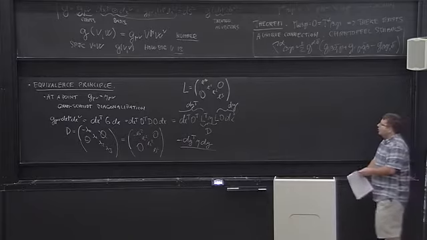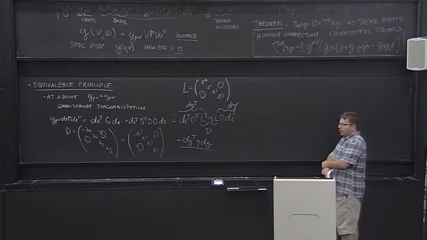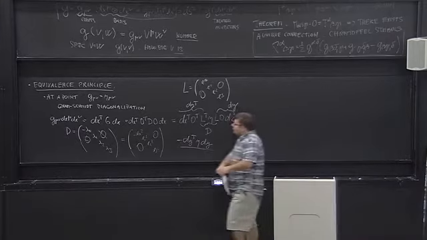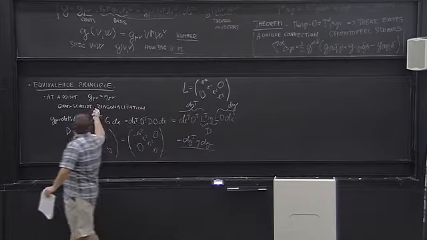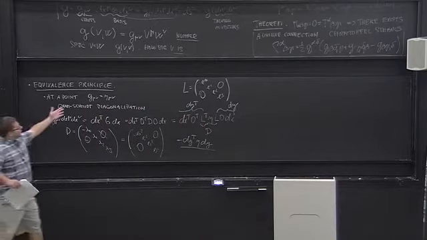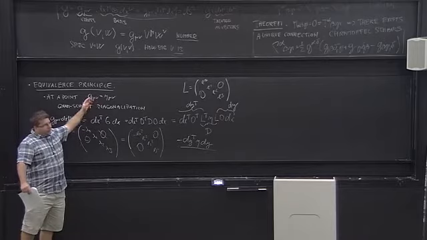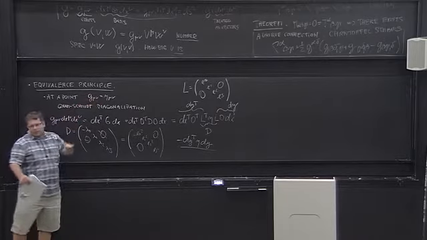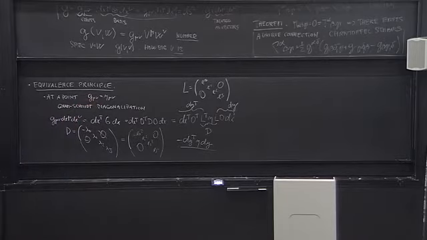Yes? Where did we assume that it has to be at a point? Oh, well, this Gram-Schmidt. So at a point, whatever the components of the metric are, in general, they depend on the coordinates, but at a point you have some values of these coordinates, right?